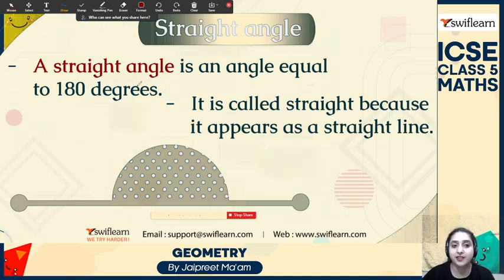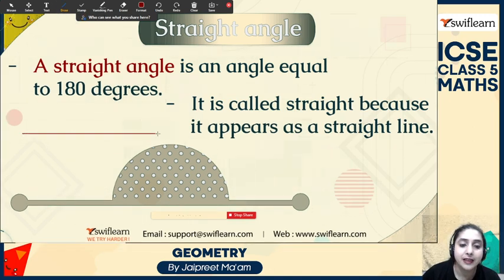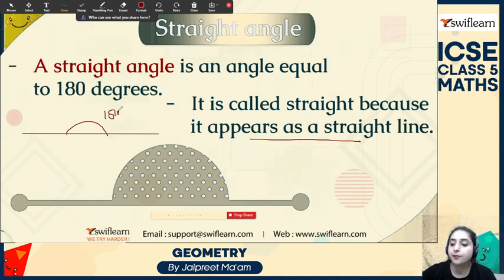Which angle is being formed? A straight angle. A straight angle is an angle that is equal to 180 degrees. It is called a straight angle because it appears as a straight line. So that means this angle is 180 degrees.